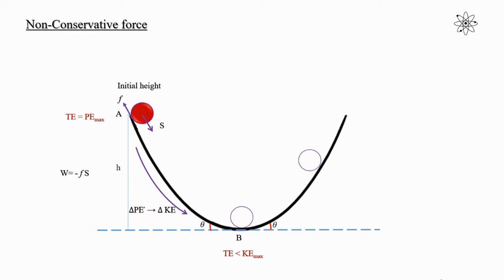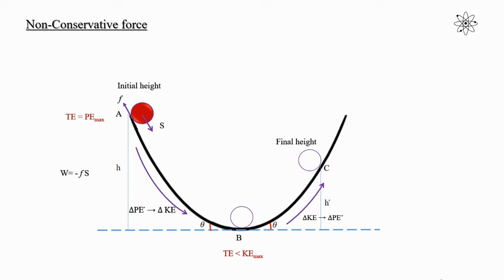Now when the ball moves from position B to position C, which is the final position of the ball, you observe that the height is different from the initial height. During this motion from B to C, the total kinetic energy again is not converted into potential energy.